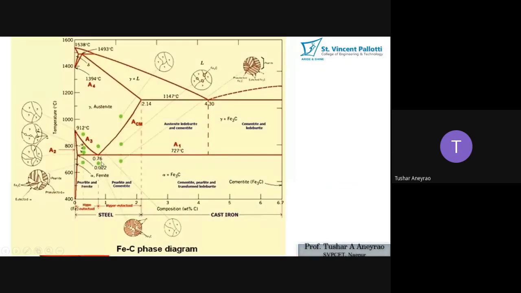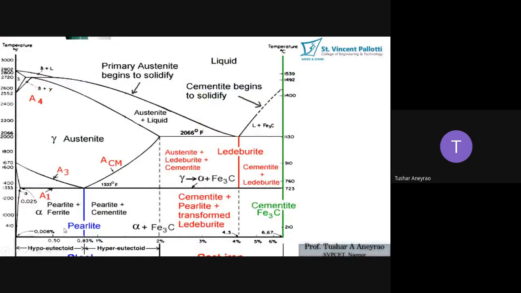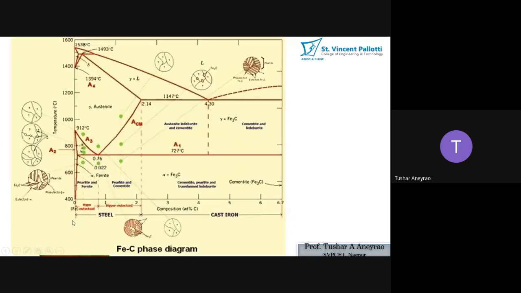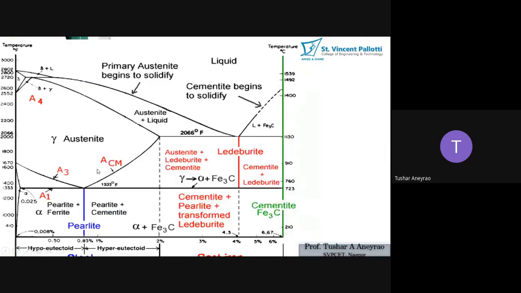Here it is 0.76, in this particular slide it is 0.83%, but you should consider this as 0.8. Let us take it as 0.8 percent carbon. At this particular point, if the austenite is present at this blue line only, then you are going to get pearlite, 100% pearlite.